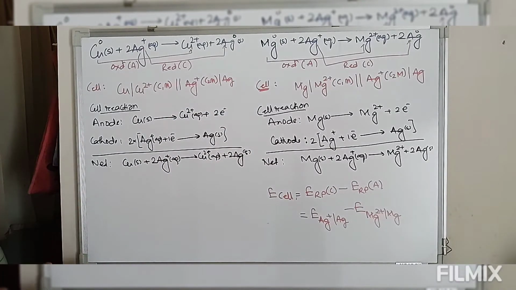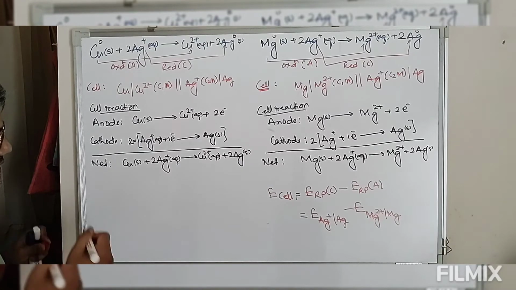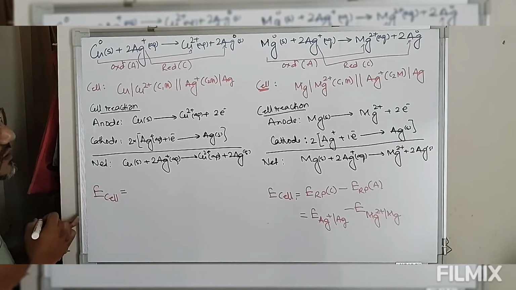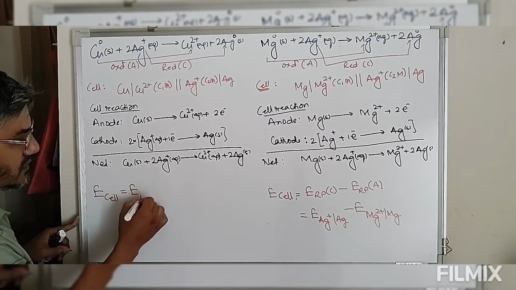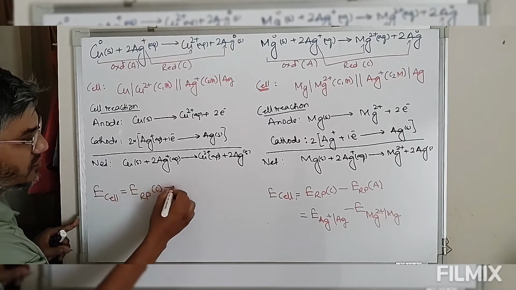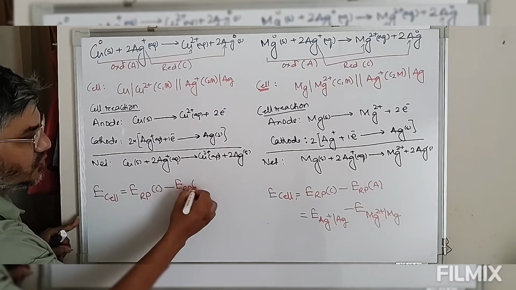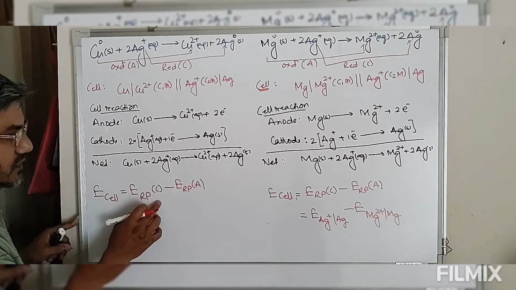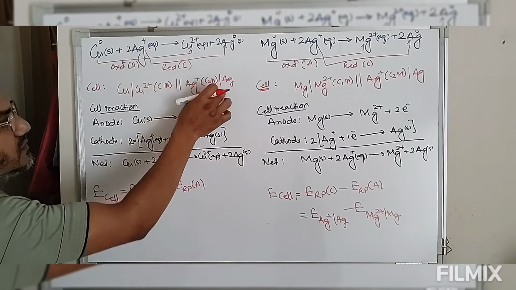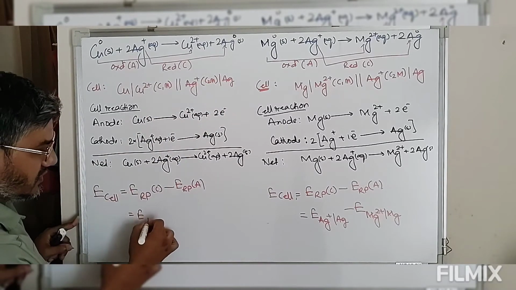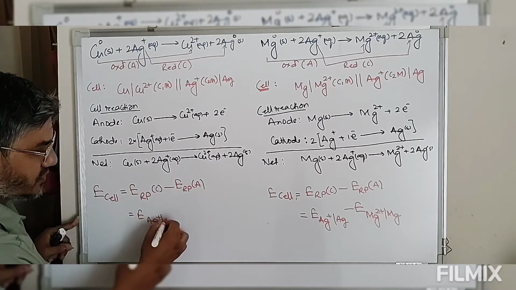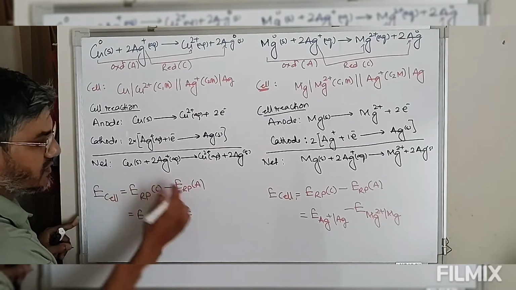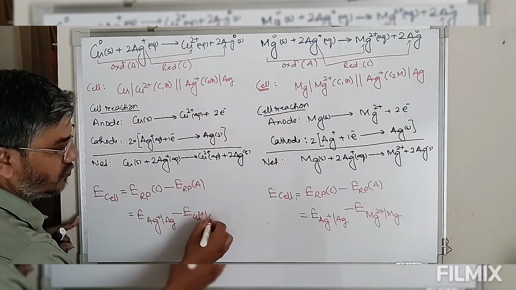Once we have this net cell reaction, we can write down the cell potential. So E cell of this cell reaction is reduction potential of cathode minus reduction potential of anode. So reduction potential of cathode, this is the cathode, so E of Ag plus to Ag, minus reduction potential of anode, which is copper plus 2 to copper.